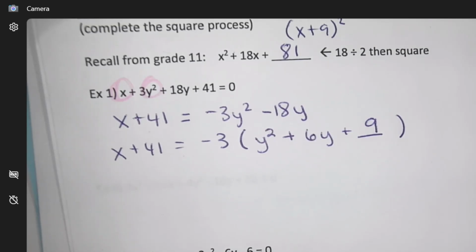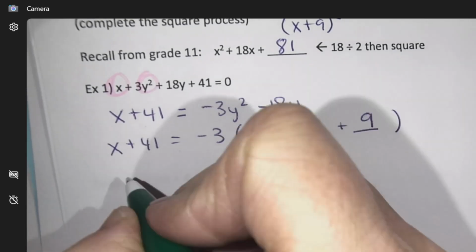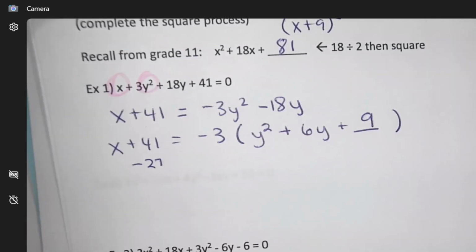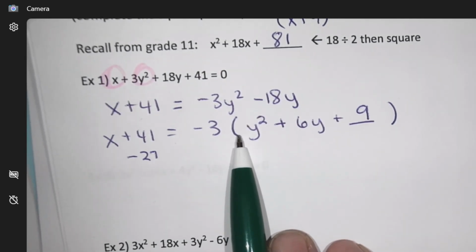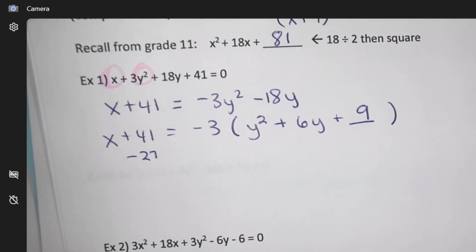The number is not going to be a 9. Oh, 9 times negative 3. Negative 18. You added 27. I got what you mean. Yeah. I'm going to minus 27. Because technically, what did you do here? You minus 27.